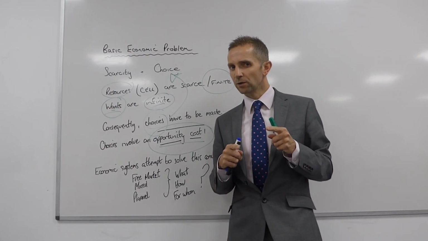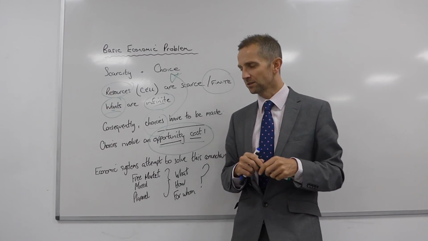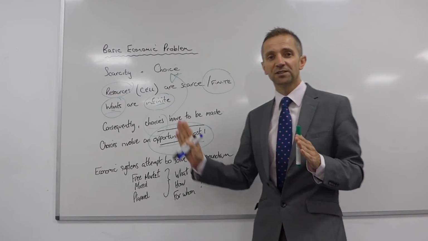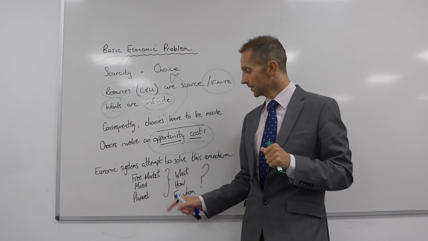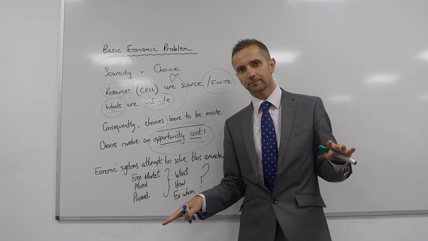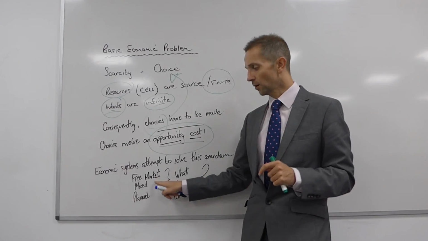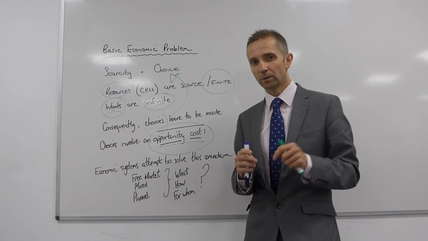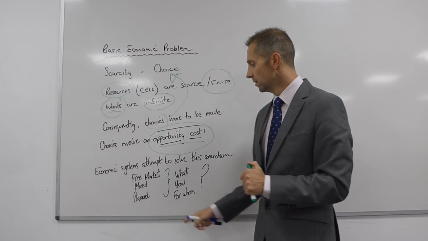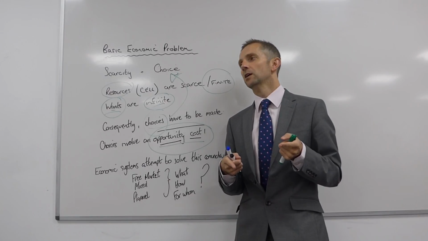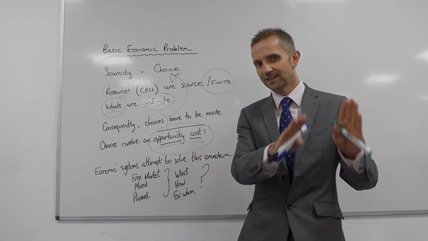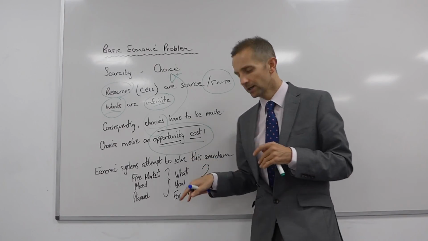And that problem is solved via different types of economic systems. Now, we'll tackle economic systems in a future series of videos. Suffice to say at this stage that I'm sure you know we would be talking about either a free market or capitalist economy solving that problem, or a mixed economy, where we have government intervention but also the role of demand and supply and market forces, or finally a planned economy where everything is owned and controlled by the state, and it is the state that decides the what, the how, and the for whom.